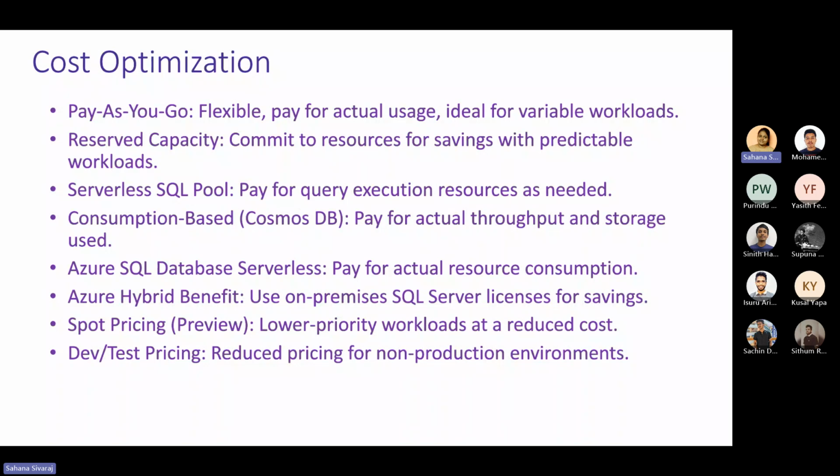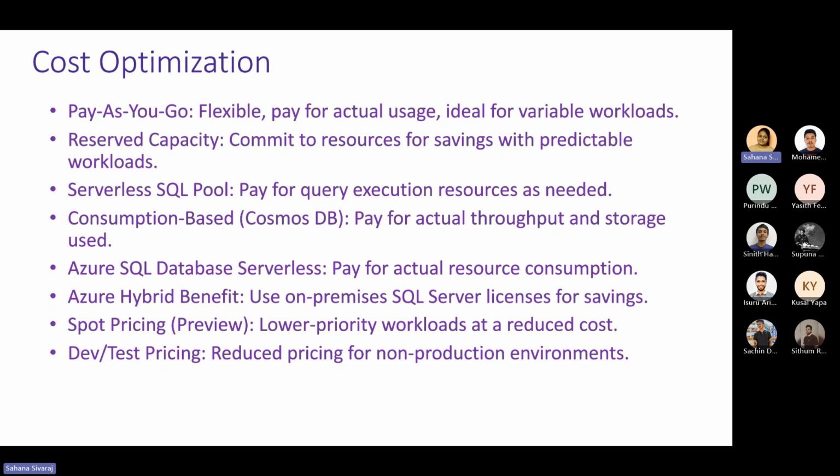And for Cosmos DB consumption based, it will be calculated how much throughput we used and the storage we have used based on demand. So based on that, the total cost will be calculated. And for Azure SQL Database Serverless, it is also similar.